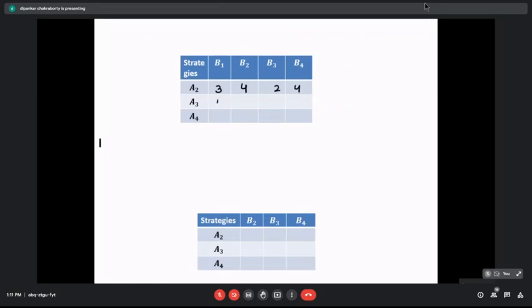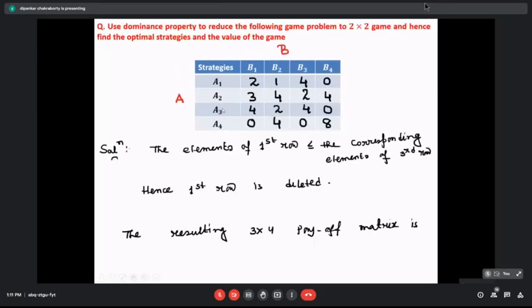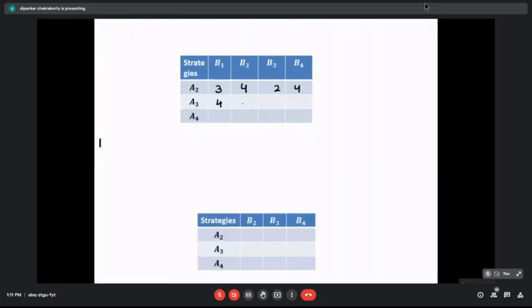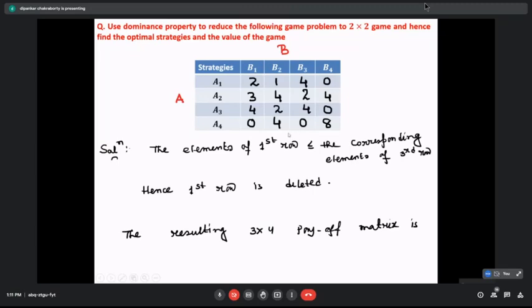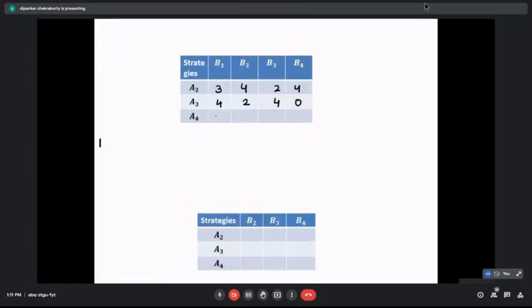This is for player B, and this is for player A.